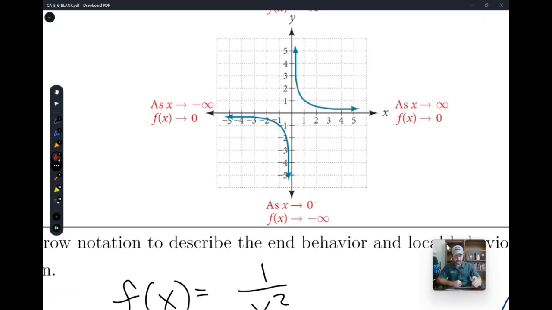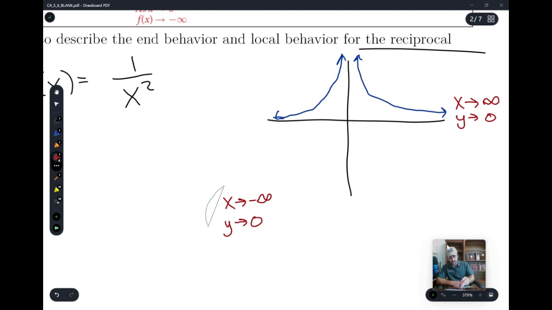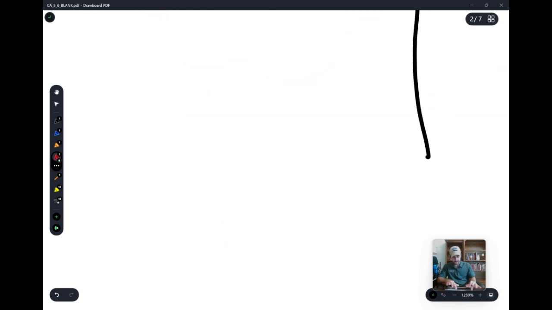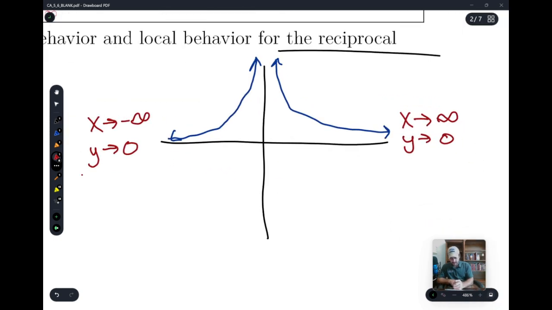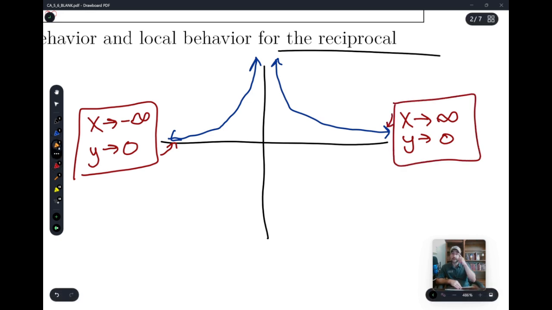What's going to be different, however, is when it approaches from the left and the right side. I'm going to move this up so you can see what it goes with and where we got it from. This end behavior goes with that. This end behavior goes with that. Changing colors here, as x approaches 0 from the minus side, on the left side of 0, y approaches infinity.